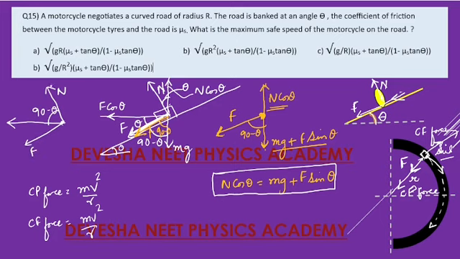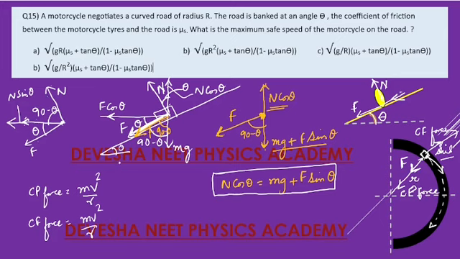So n cos of 90 minus theta becomes n sin theta. So this will be n sin theta. And f cos theta will be in this direction. So the components in this direction are n sin theta plus f cos theta.